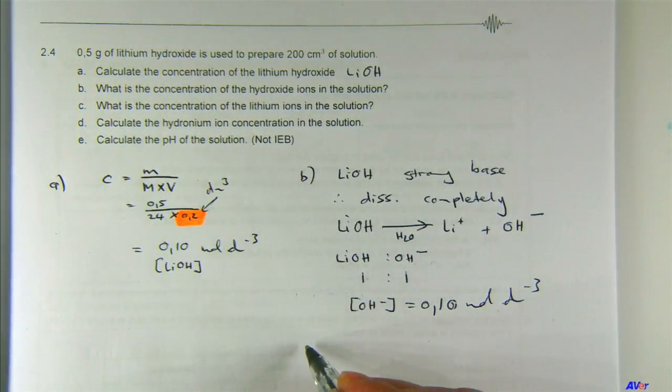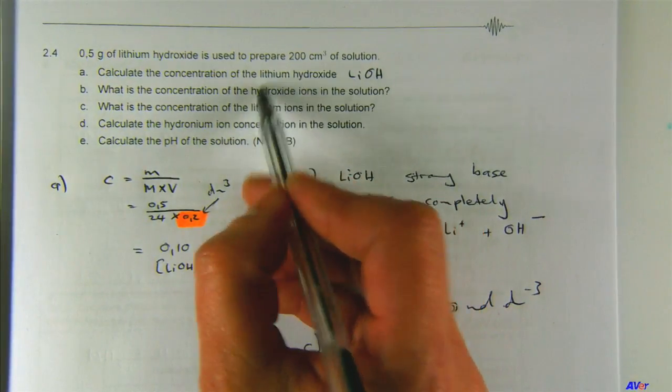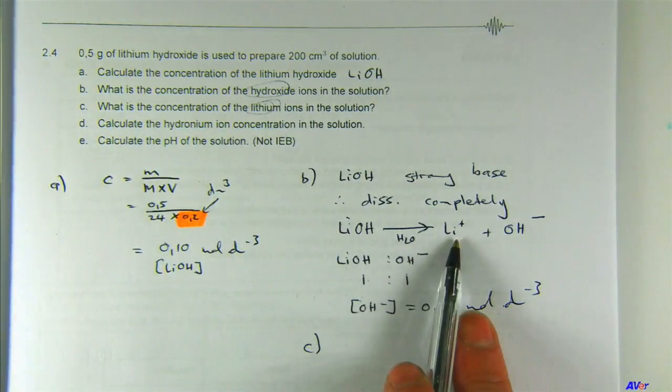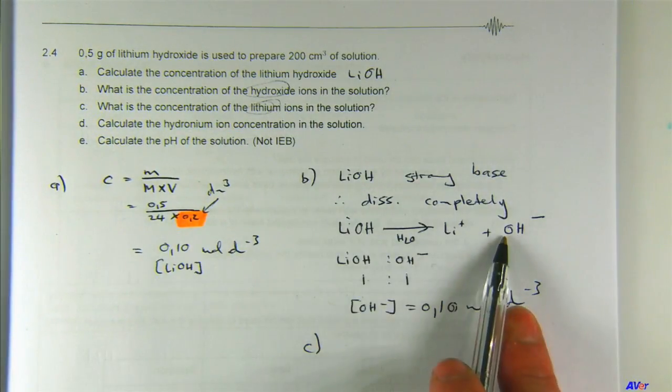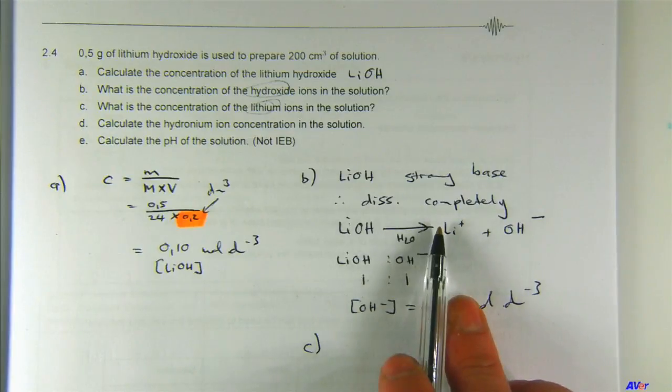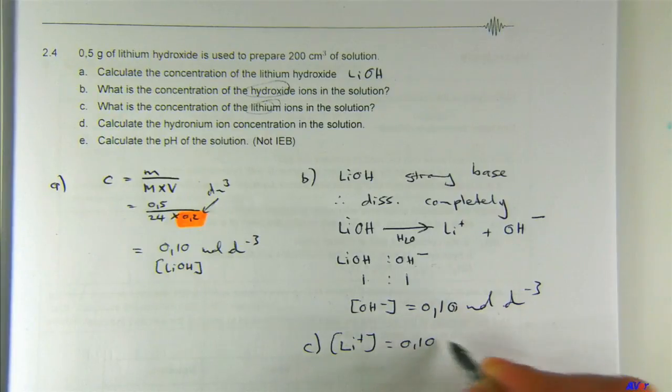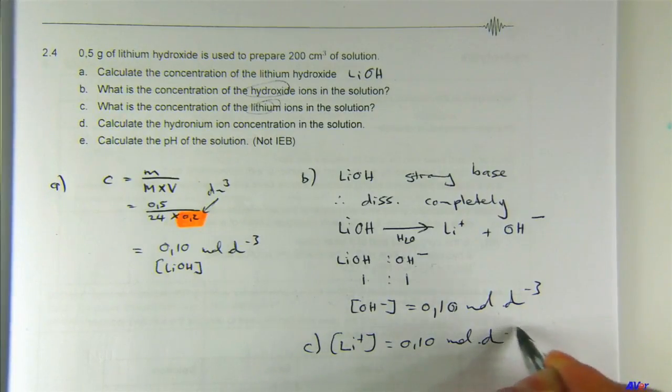Okay, and then just to make things more interesting, with C, I ask not the hydroxide, but the lithium ions. Well, I've already written the equation. If I produce one of those, I also produce one of those. So they've also got the ratio 1:1, so that answer will also be 0.10 moles per cubic decimeter.